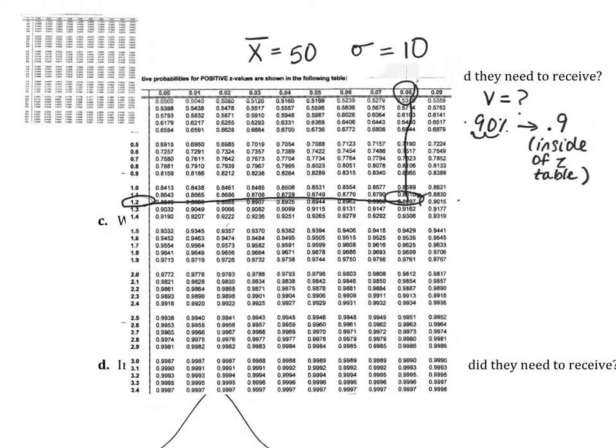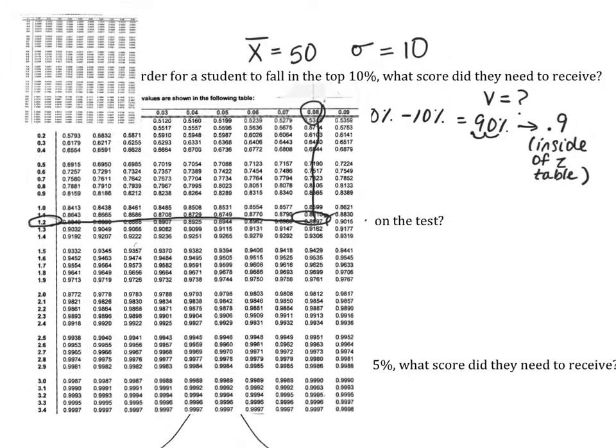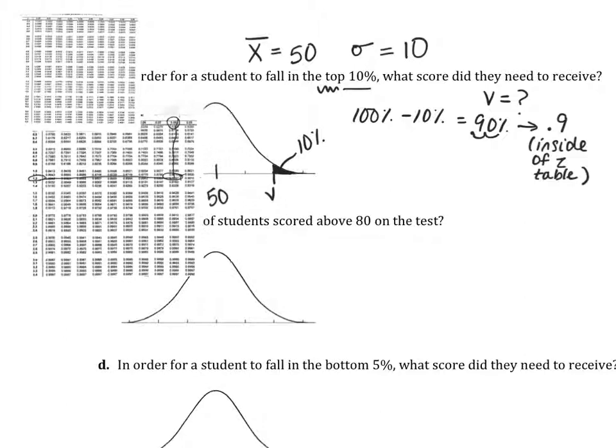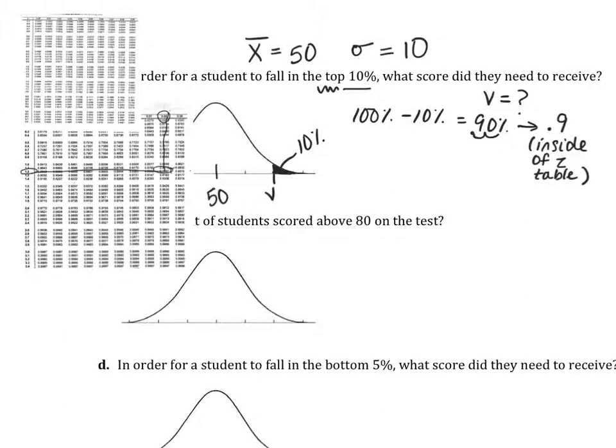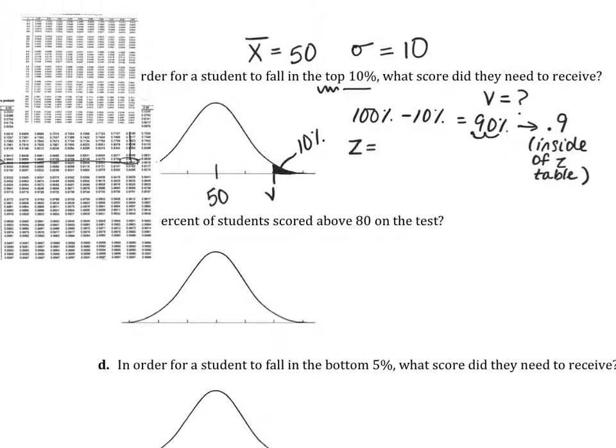So Z is equal to 1.28. All right, so now that you know Z, keep in mind you're still trying to solve for V.